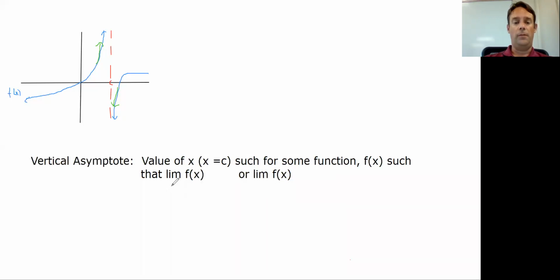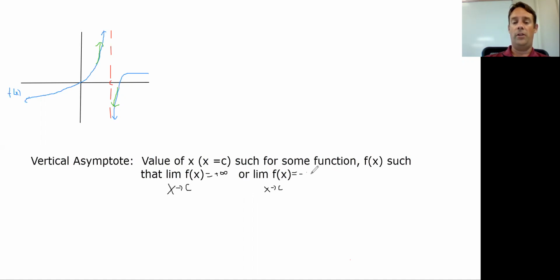All right, so a vertical asymptote is an x value where the graph goes to positive infinity at that value of c, or it goes to negative infinity. And even though I'm putting c here, this could be c from the left side, it could be c from the right side.